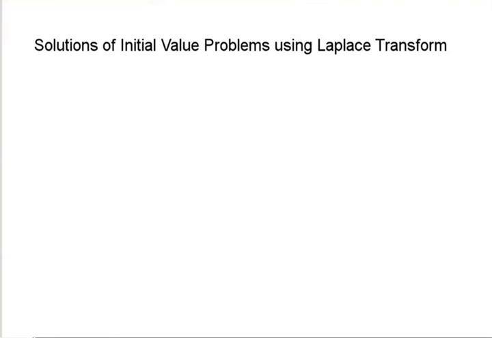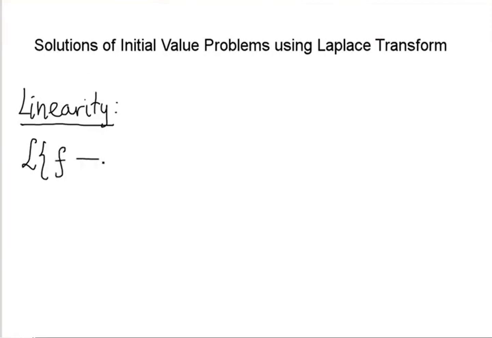Let me recall important properties of the Laplace transform that we will need to use. First is the linearity of the Laplace transform. What it means is if we have the Laplace transform of the sum of two functions, we know that the function should be in the independent variable x.